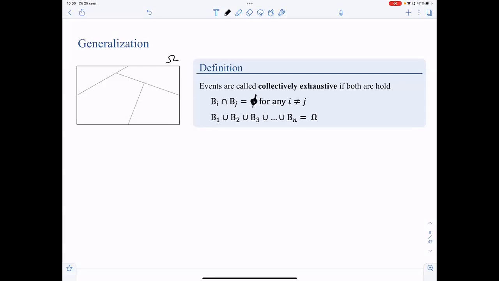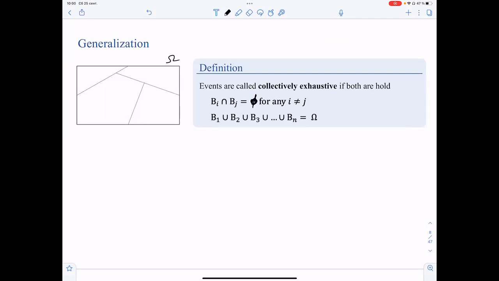All right, so we used to call these events collectively exhaustive. So they have empty intersection, but their union gives a full probability set.